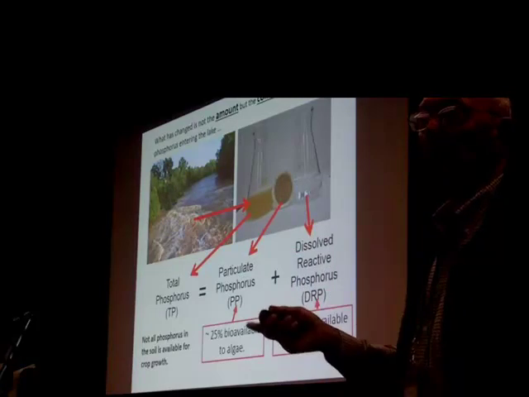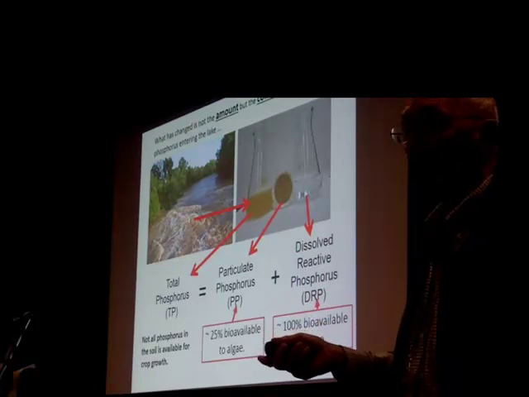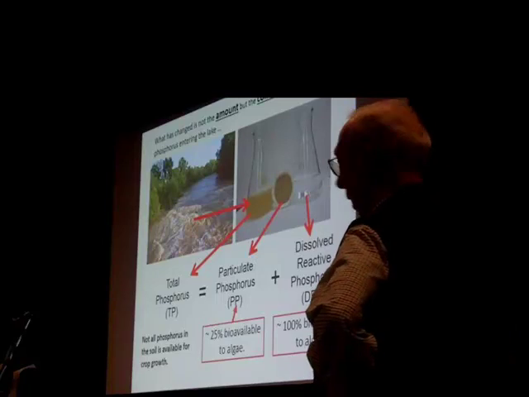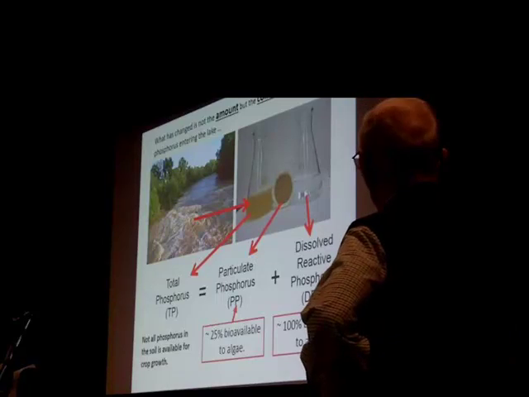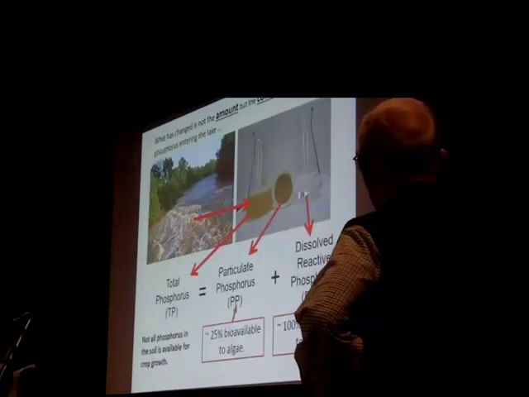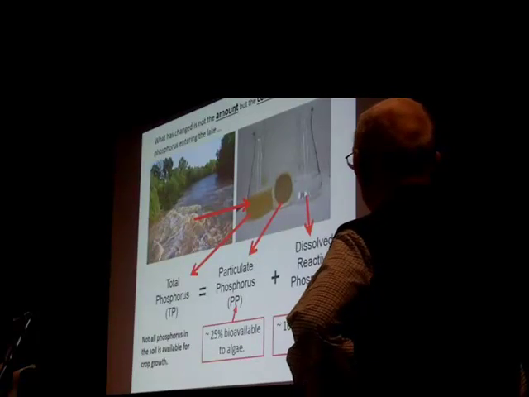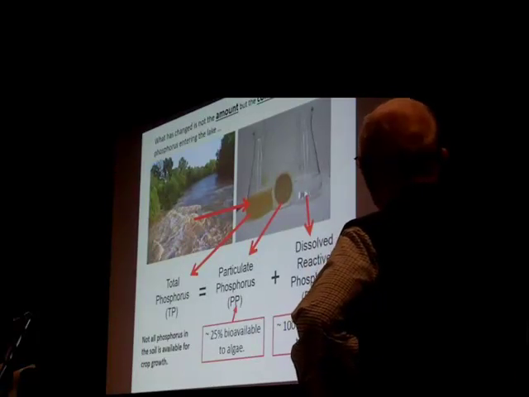Maybe even only half of it is, if that. The same for phosphorus going down into the lake. The particulate phosphorus is only about 25% bioavailable. The dissolved reactive phosphorus is 100% bioavailable to algae.